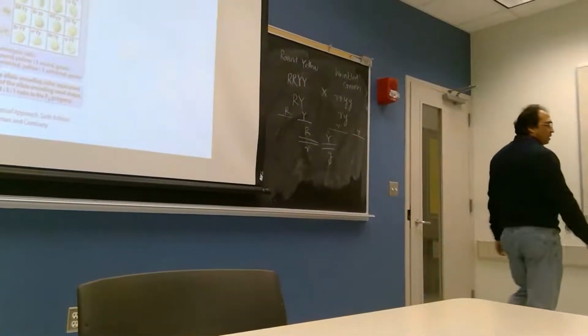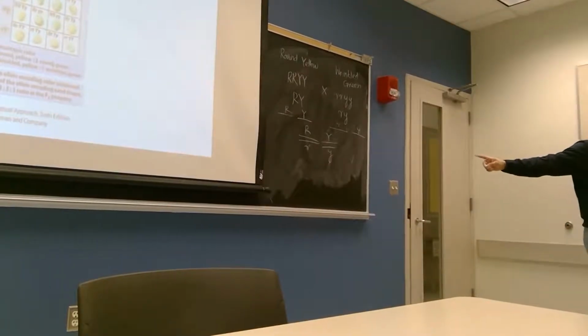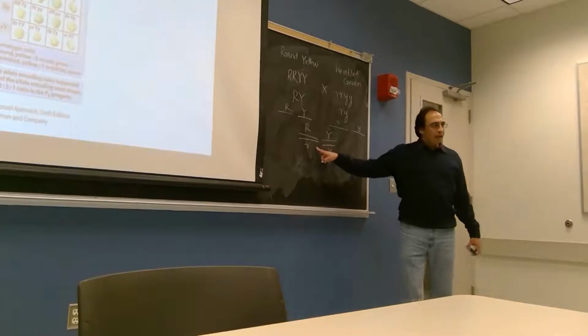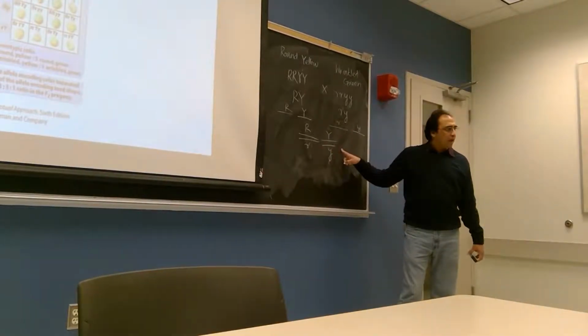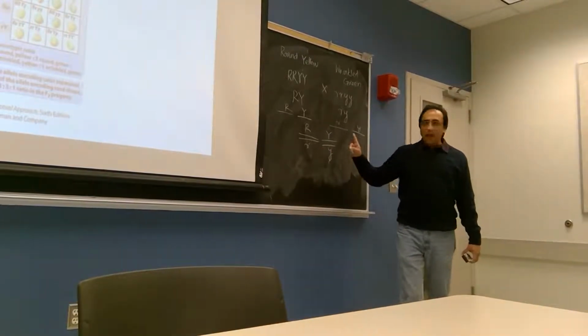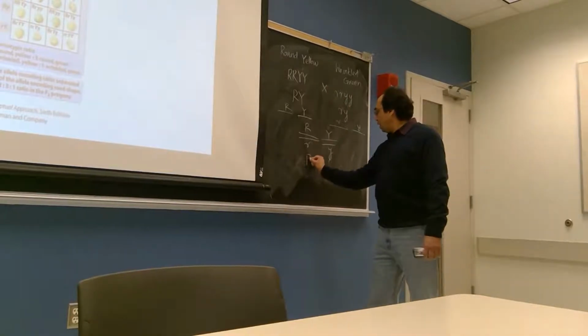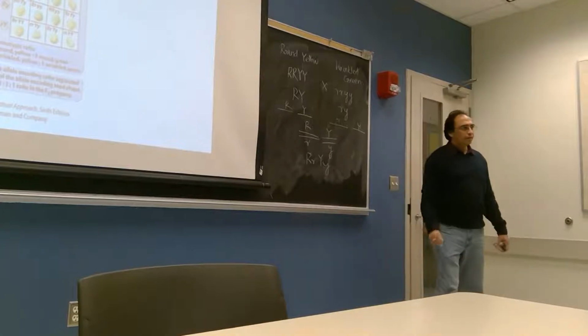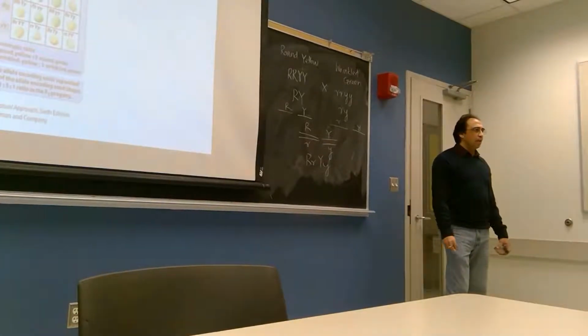Because they are homologous chromosomes, they are alleles and should be in a pair. So actually our heterozygote will be like this.